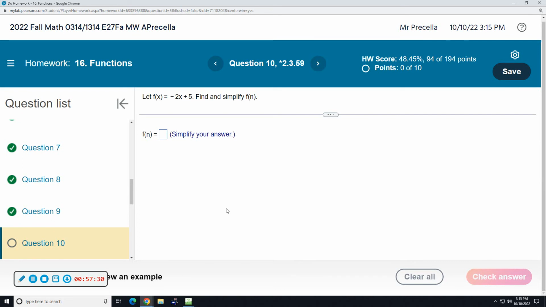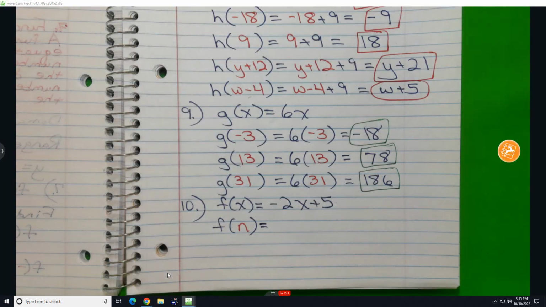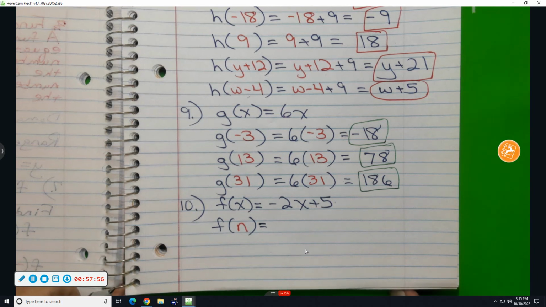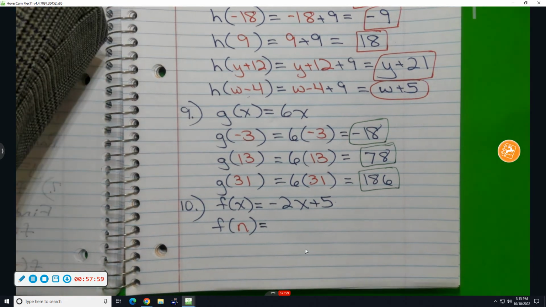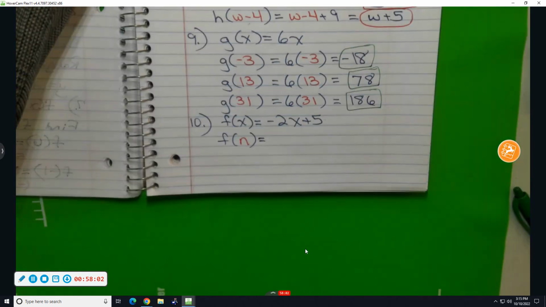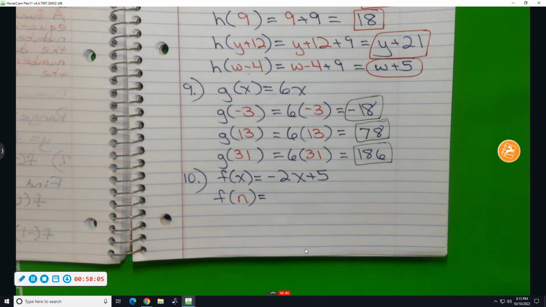So, okay, is this one going to be hard or not quite so hard? F of x is equal to negative 2x plus 5, and they want us to find f of, what's in those parentheses? N like Nancy. This says go to our function f, and wherever we see an x, replace it with n.